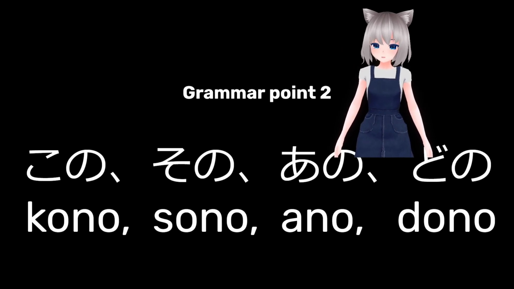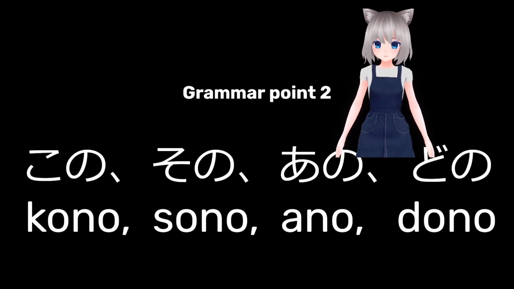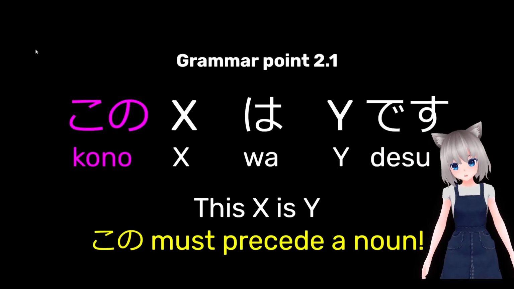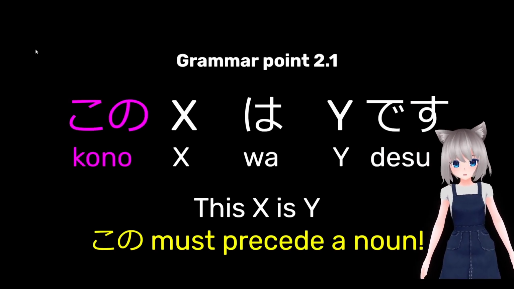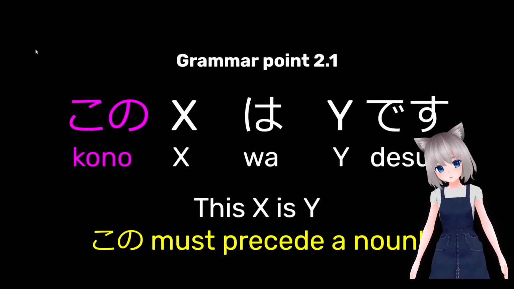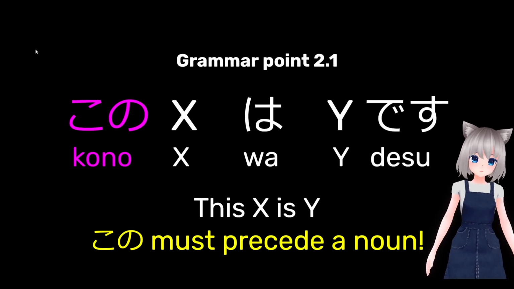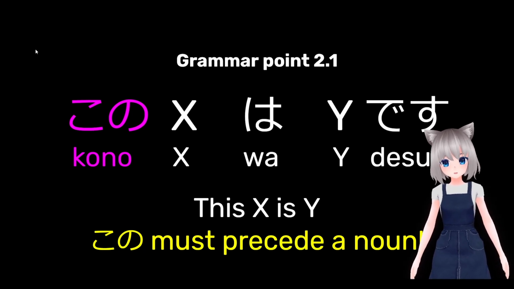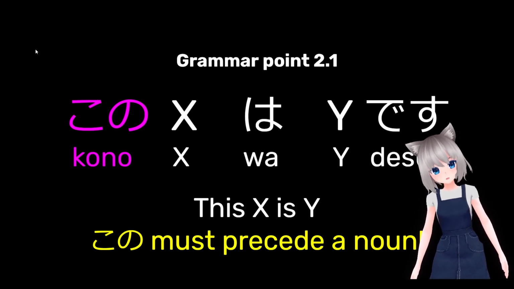The only difference is that この、その、あの、どの is always followed by a noun. So この X, X being a noun: この X は Y です。This particular X is Y.